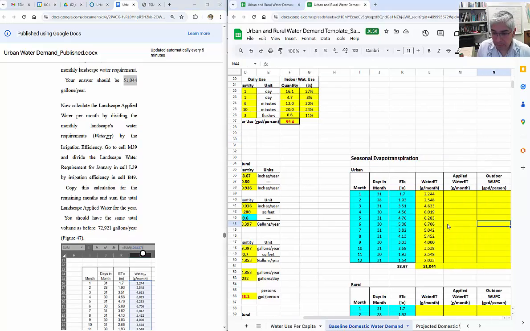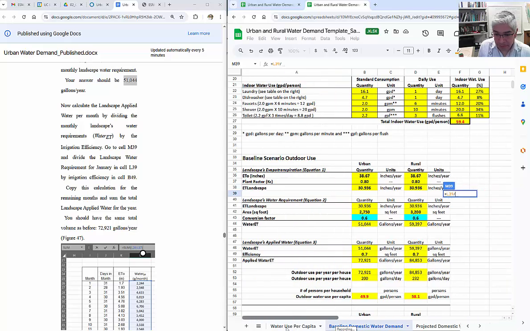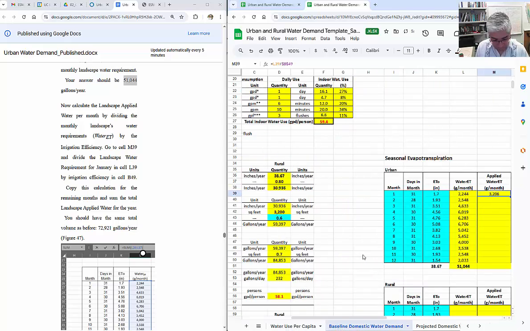Now for the next column, what we need to do is that this applied water, we have to divide it by the irrigation efficiency in cell M36, which is this one. And it should be about this value.